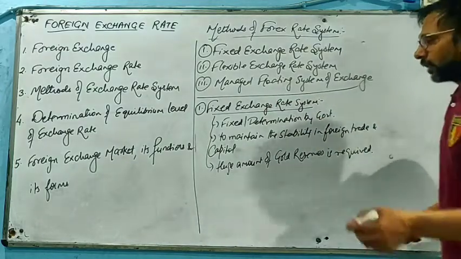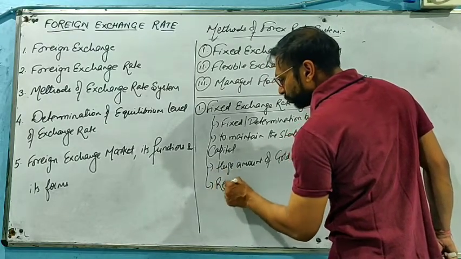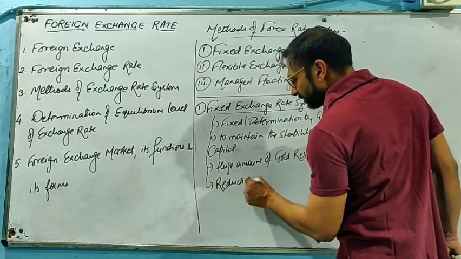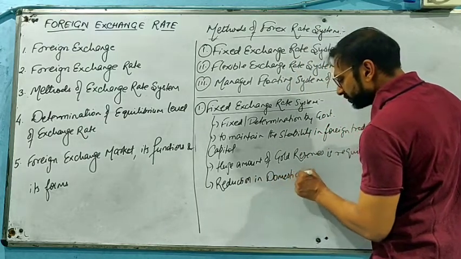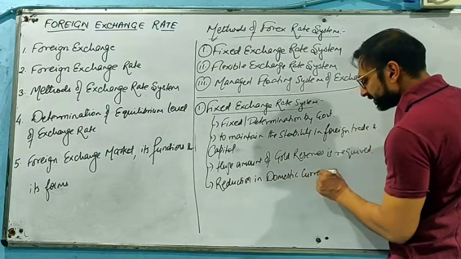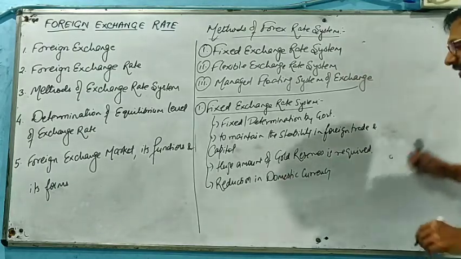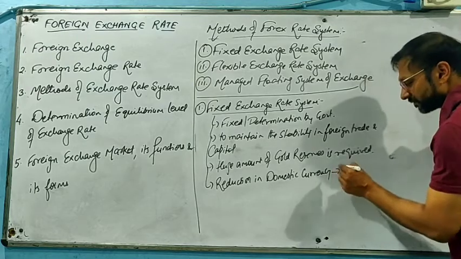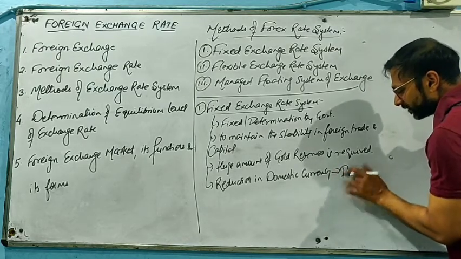Okay. Now we have two terms to be followed. If the government resorts to reducing its domestic currency, that reduction in the domestic currency by the government will be termed as devaluation.